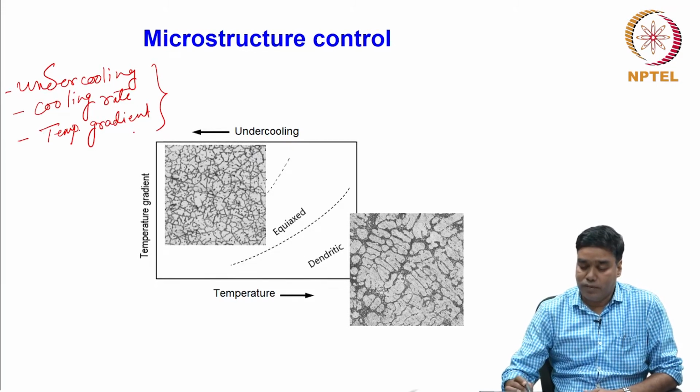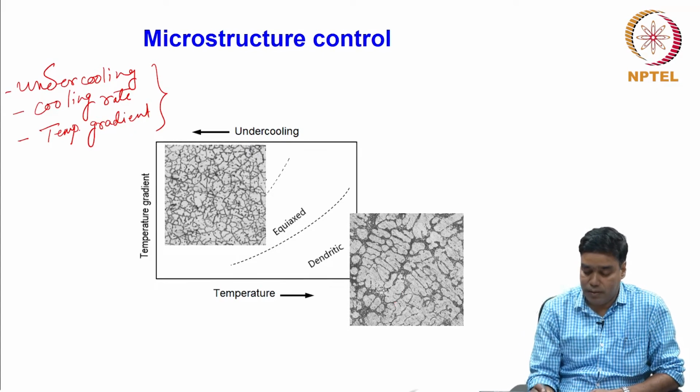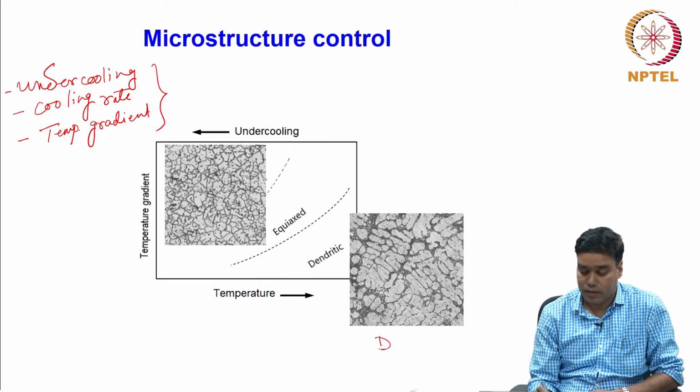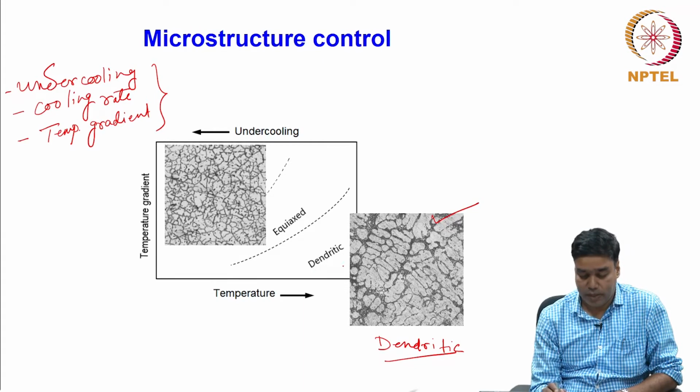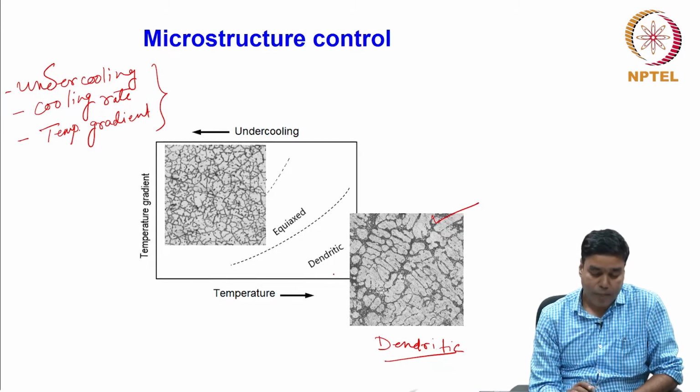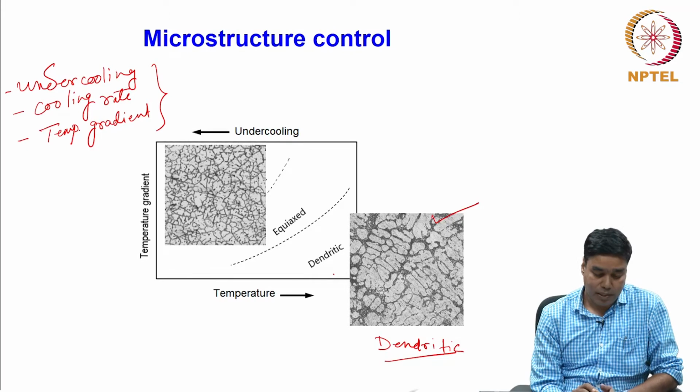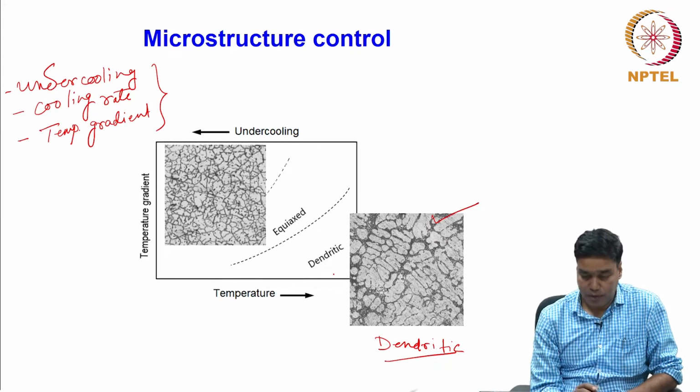In one case we have seen that it is dendritic, which is here, this particular microstructure, and that happens when the temperature is on the higher side and undercooling as well as the temperature gradient are both on the lower side.